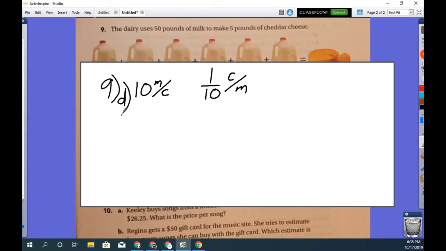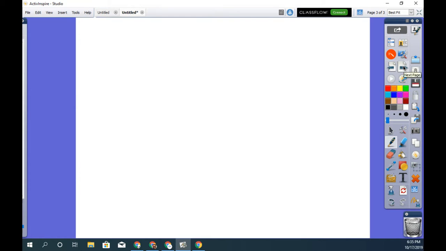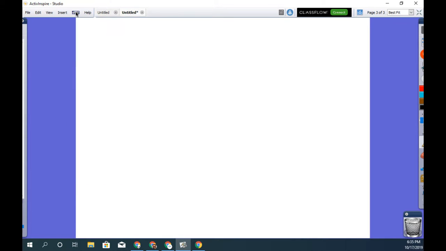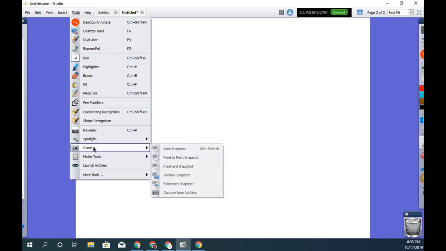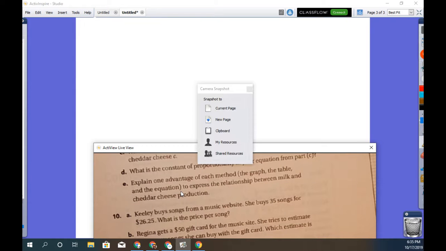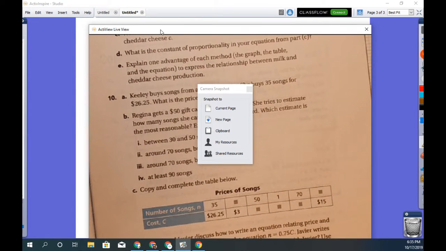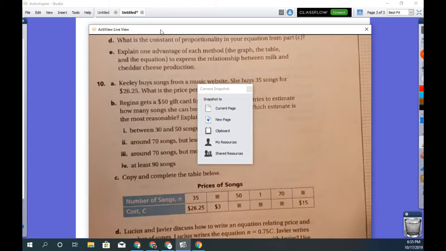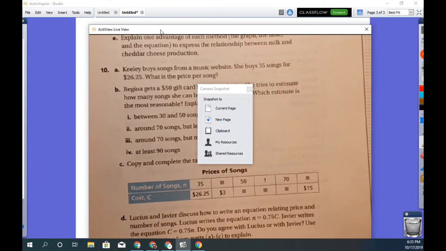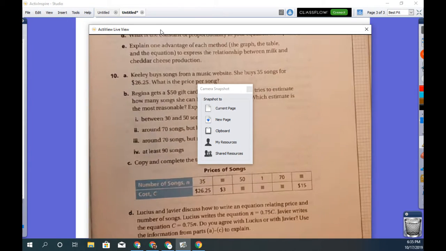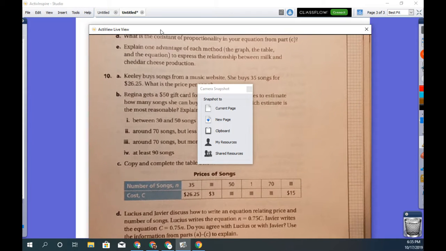So the last part of the homework is number 10. Let's go ahead and pull that in. Number 10 is a long one, but the parts are quick.